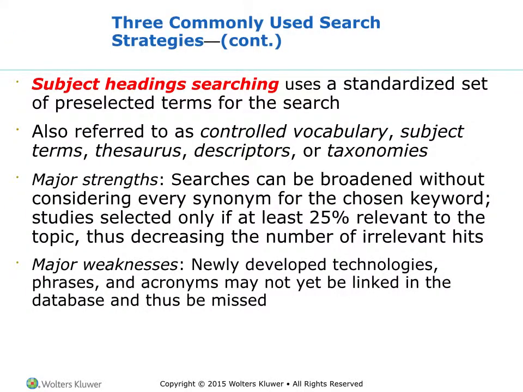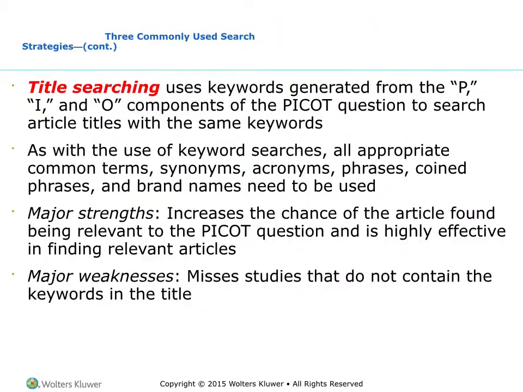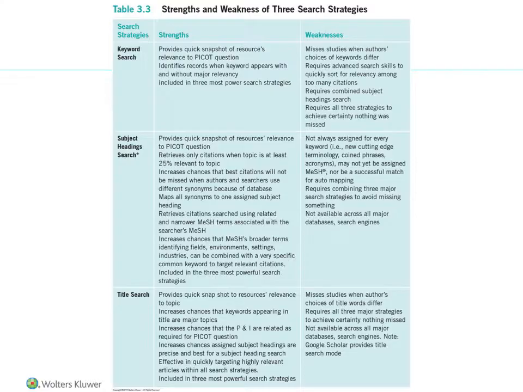The other two types, subject headings search and title searching, have their strengths and weaknesses, but again, I would just stick with keyword. This slide here shows the strengths and weaknesses of the 3 search strategies, and it's a good thing for you to be aware of.